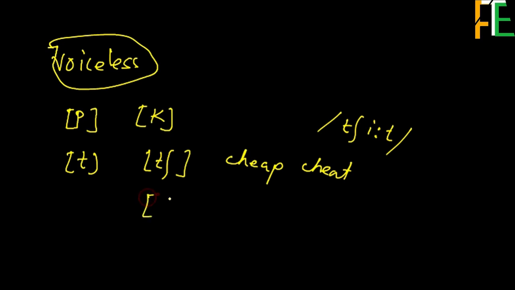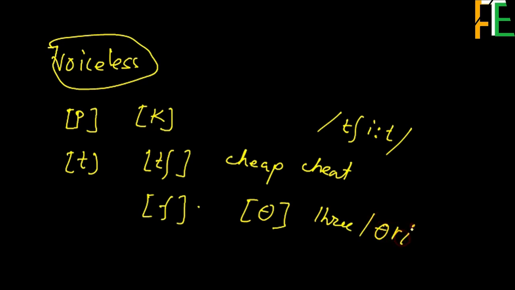Then we have fa. Fa is the dental fricative. Then we have tha, as in the word three. We have already discussed this. Then we have sa.